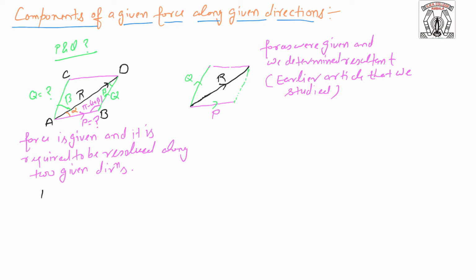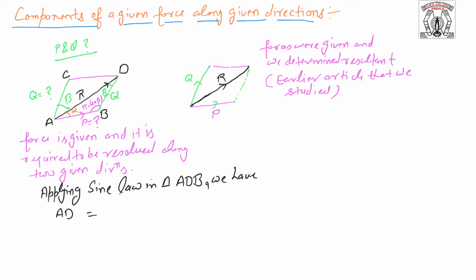Now applying sine law in triangle ADB, we have, firstly write the sides, AD, BD, AB.